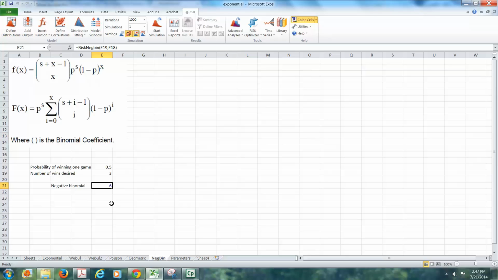So if we stick with our ball game example here, if the probability of winning one game is 0.5 and we want 3 wins, we want to know how many games will it take, how many unsuccessful games, how many losses will it take for us to get 3 wins. And of course the answer is we don't know, because there's variability in the world.